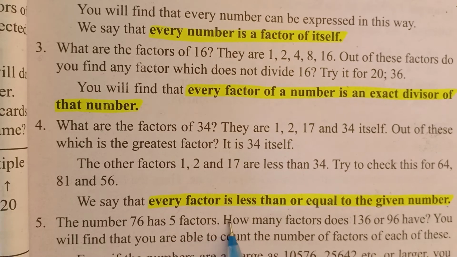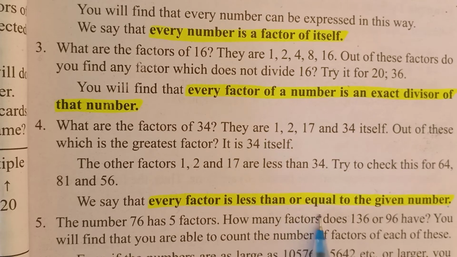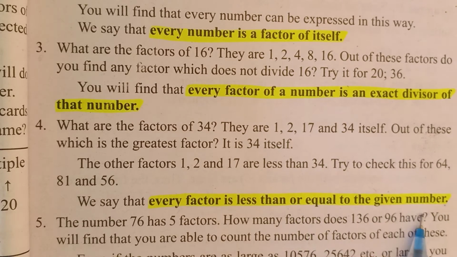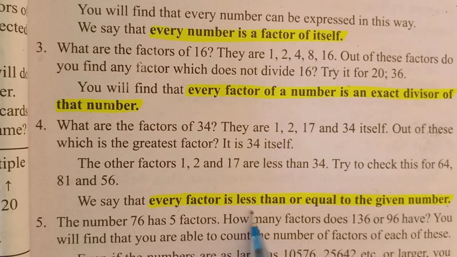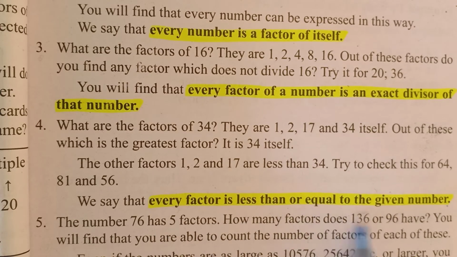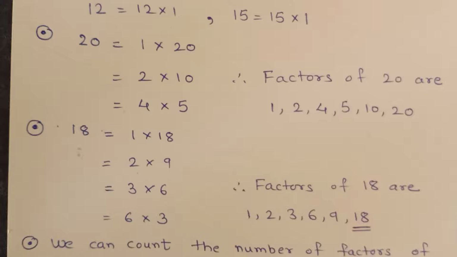Let's see the next fact. Every factor is less than or equal to the given number. Here I have taken the number 18 and found all the factors of 18. The factors of 18 are 1, 2, 3, 6, 9 and 18.